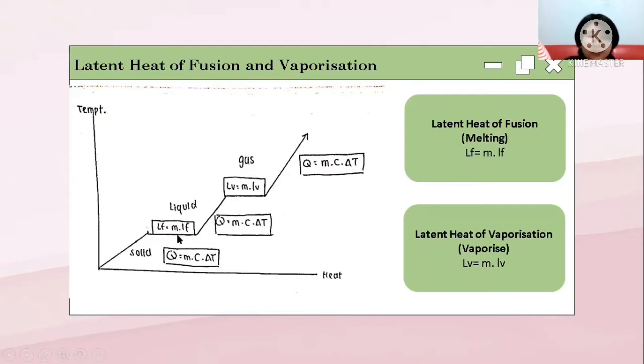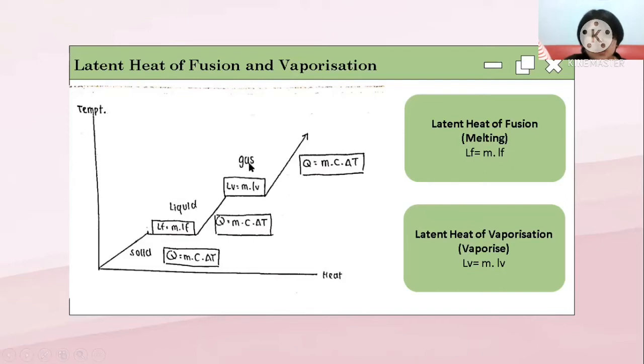That means it's like from solid slowly turning to the liquid state. Now, this period over here is called the latent heat of fusion, which is melting. Q_F is equal to M times L_F. And the latent heat of vaporization, or simply vaporize, Q_V is equal to M times L_V.